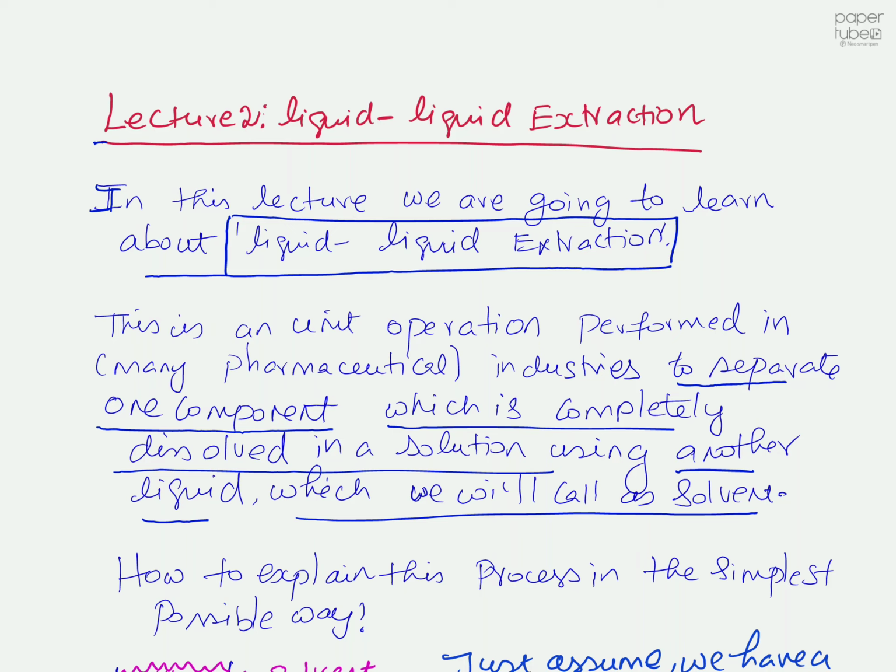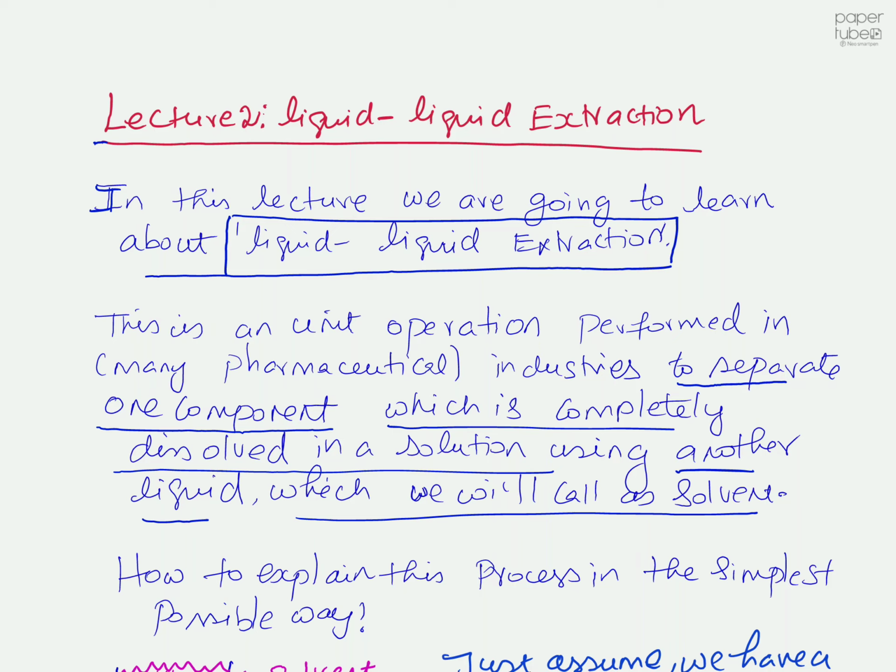And then what we need is to separate that product from that solution. For that, we are going to purposely add one more liquid, which we are going to call a solvent, and then we are going to use this solvent to take that product which is dissolved in another liquid. Imagine you have a solution with a very tiny bit of some pharmaceutical product.